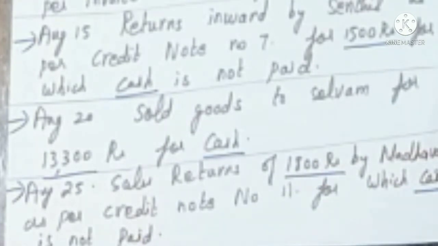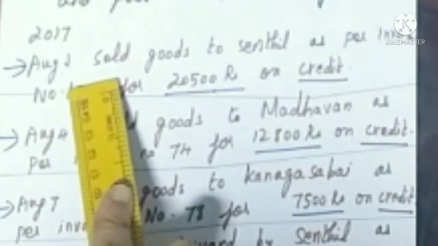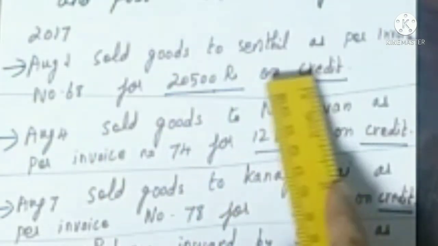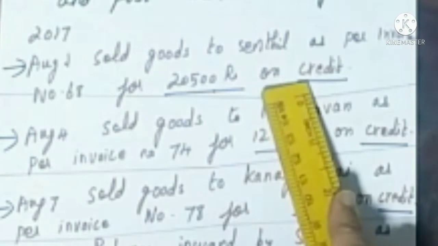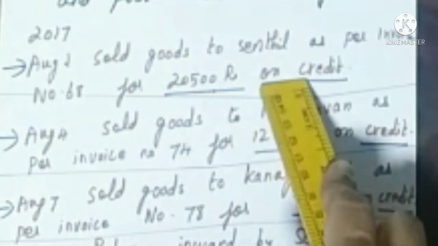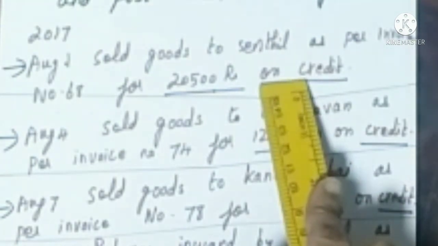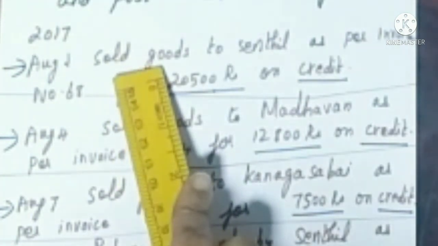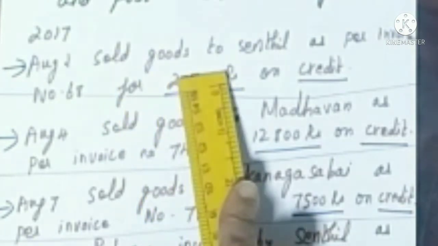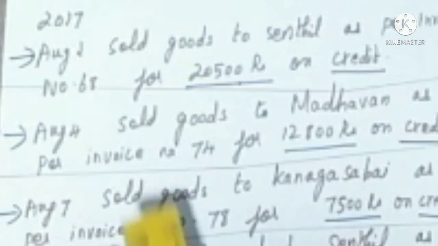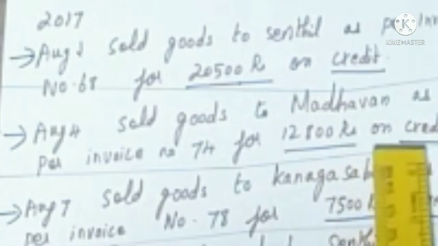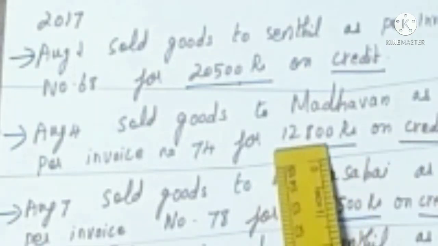In this first transaction, goods are sold to Sendil on credit. We already discussed that while preparing subsidiary books, we should take into account only credit transactions. The goods have been sold to Sendil on credit, so this transaction will find place in sales book. Again, on August 4, sold goods to Madhavan on credit for rupees 12,800.